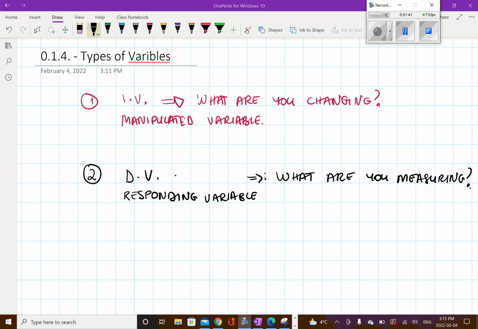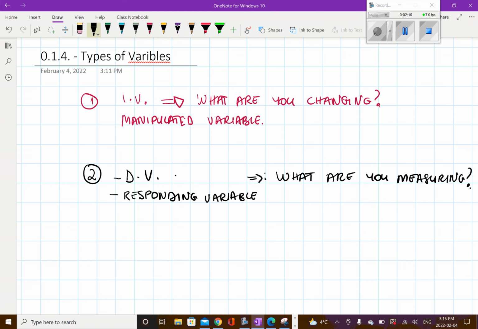So that quantity that you are measuring as a result of the change will be the responding variable or dependent variable. Both terms are used; this and this are the same thing. In one experiment you have only one dependent variable or responding variable. So for independent variable and dependent variable, or manipulated variable and responding variable, you have only one for each of those types of variables.